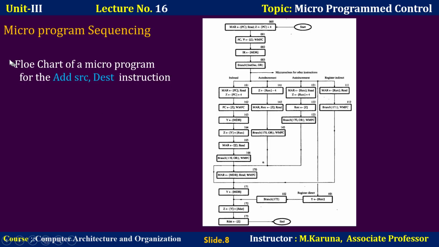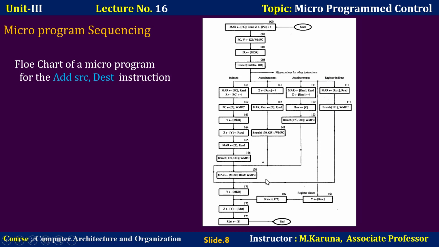So let us see microprogram sequencing. For example, the add source comma destination instruction. Add is the macro instruction. Here the source operand may be specified in different addressing modes, that is indexed addressing mode, auto increment, auto decrement, register indirect and register direct addressing mode.